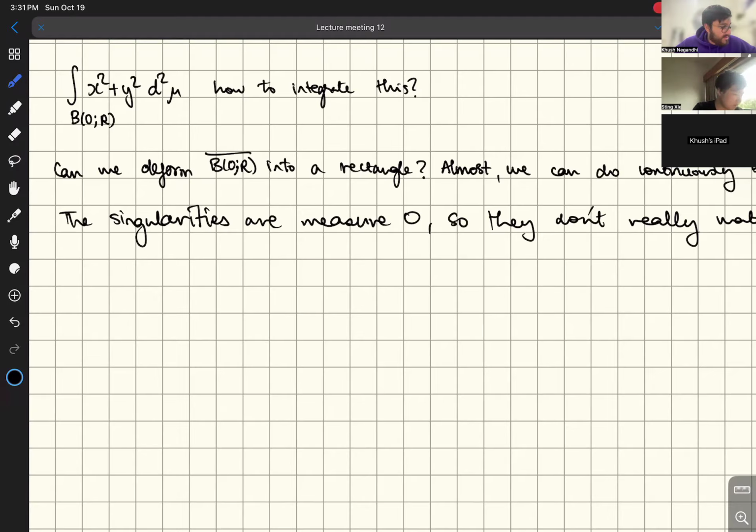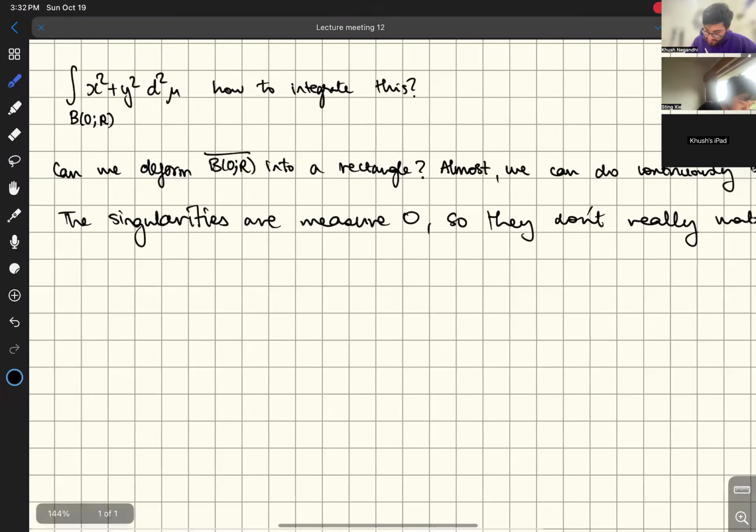But in what we want to do, we'll restrict ourselves to smooth functions, like infinitely differentiable functions. So I'll just define a diffeomorphism to be a smooth map with smooth inverse.